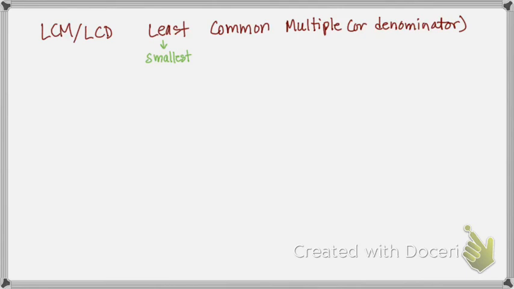Common is the same thing as we had before. It means same. So it has to be something that's the same between 2 numbers. And then multiple, it's numbers that both can divide into this value.